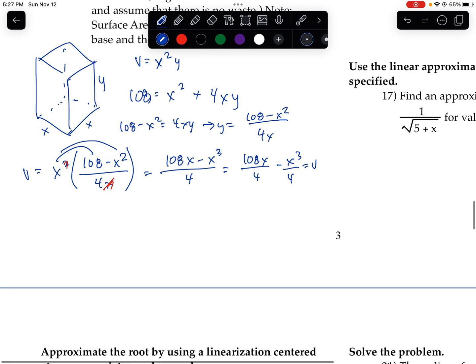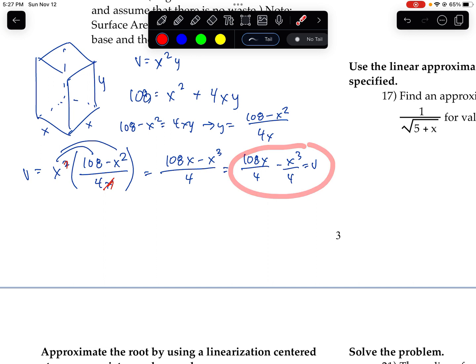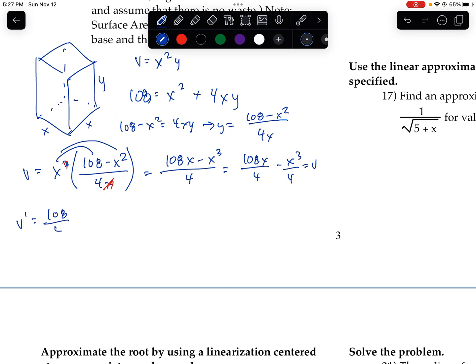I'm going to take the derivative of that because I'm trying to optimize volume, and if that's what I'm trying to optimize, that's what I want to take the derivative of. So we'll do v prime. So v prime would be equal to 108 over 4 minus 3 over 4 x squared, and that is our derivative. We're going to set that equal to 0.